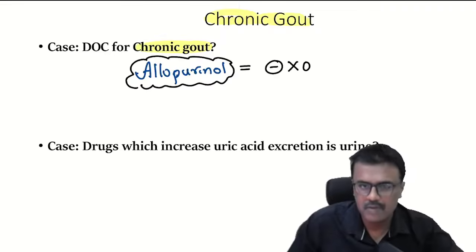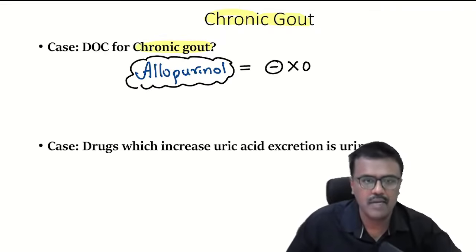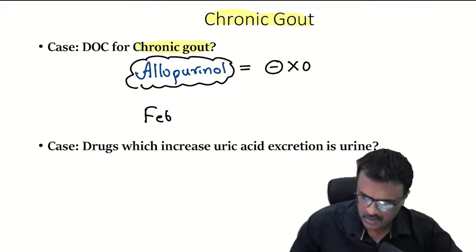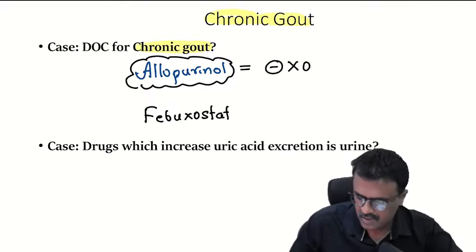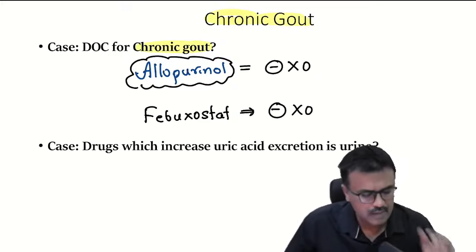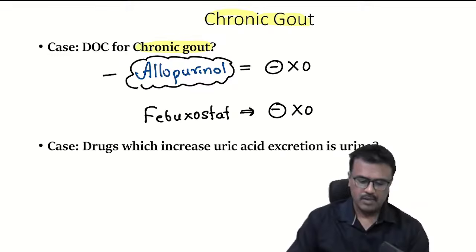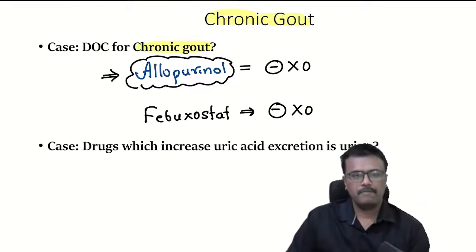But one drawback of the drug is people may develop allergy. So for them, we have another new drug. The name is febuxostat. It is a non-purine. It also inhibits xanthine oxidase. But the drug of choice is allopurinol.